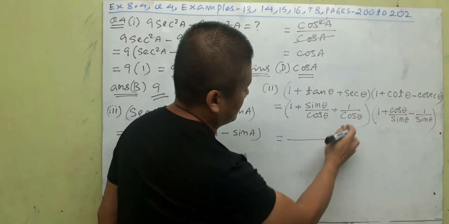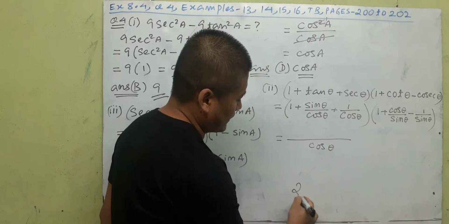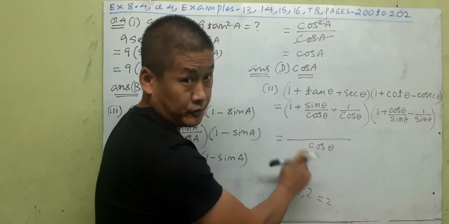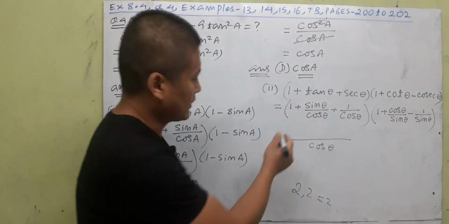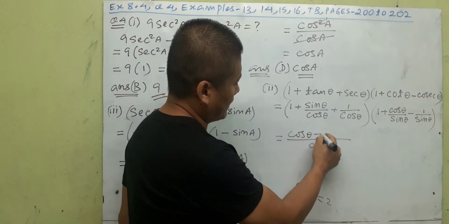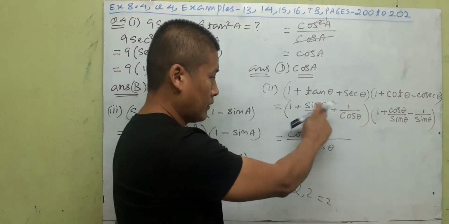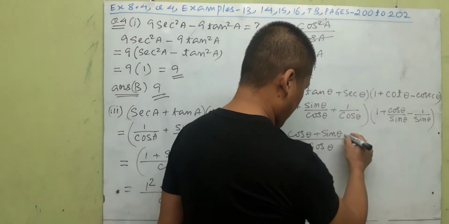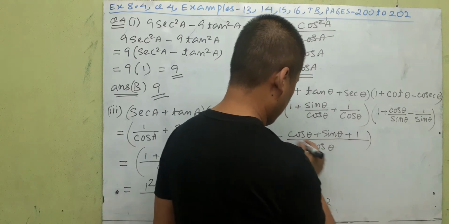So here the LCM of cos theta and cos theta is cos theta, just like the LCM of 2 and 2 is 2, right? So cos theta into 1, plus sine theta, and likewise this is the same here.